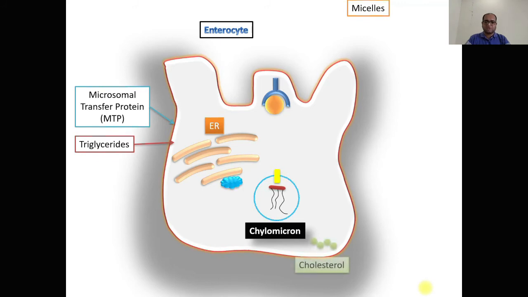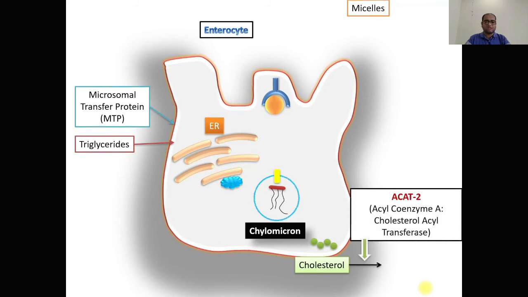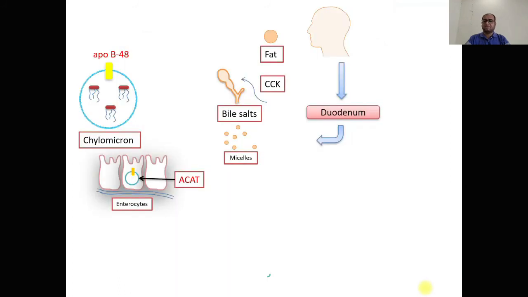Now whatever cholesterol is coming from the food and other places will be converted into cholesterol ester with the help of ACAT2. These cholesterol esters will get inside the chylomicrons and complete the chylomicron structure. Still there is a space remaining. The actual chylomicron has not been made.